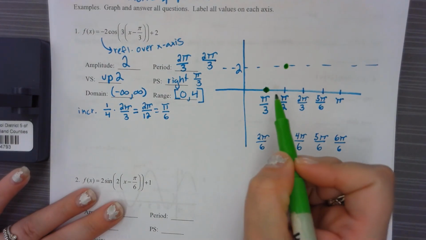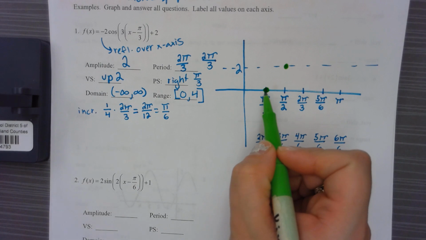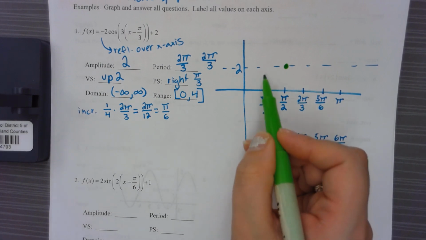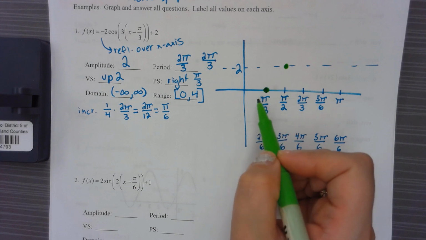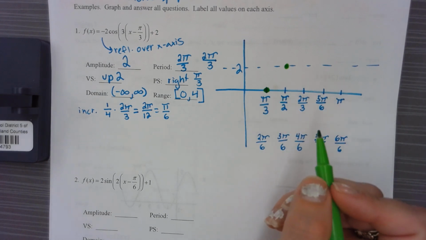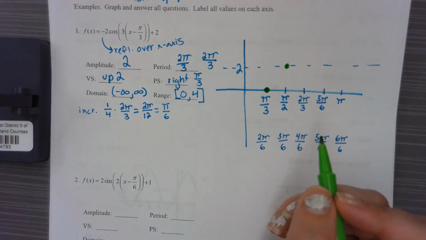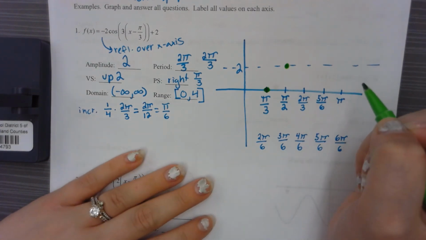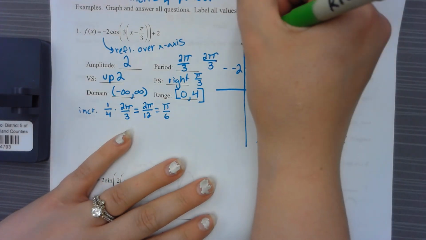Okay, I also want to point out that, again, this first point is the amplitude away from that reference line. Does that make sense? Do we see that? So then I can go the amplitude above that reference line. So where should my next point be at? 4.